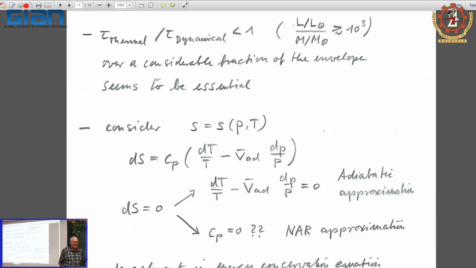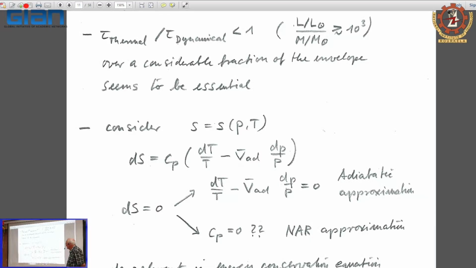But there is also a second, rather strange and not obvious way to get this ds equal to 0, namely by requiring that the Cp is equal to 0.